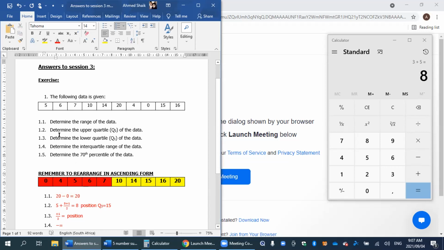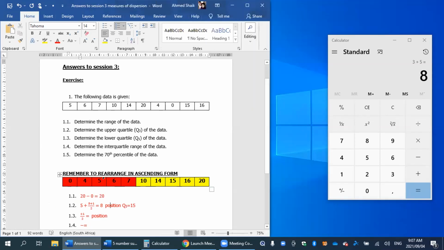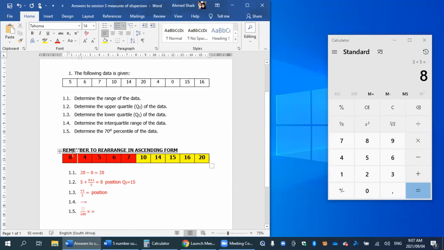Okay, so let's look at 1.3. 1.3 asks us to determine the lower quartile, Q1, of the data. Remember, Q1 is the median of the lower half. We've got 5 values in our lower half, so let's input that into our calculation.